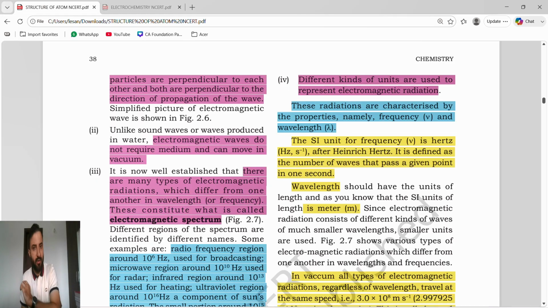It's not similar for all the electromagnetic waves. All the things will be different: different frequency, different wavelength, different units. So these radiations are characterized by their properties, frequency and wavelength. The two important things we are going to divide by are frequency and wavelength.